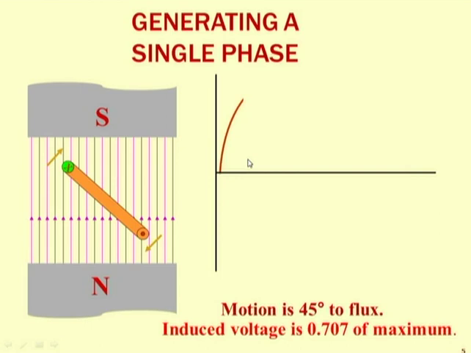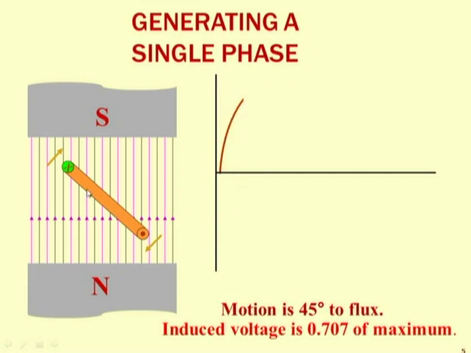Again, the conductor is in motion, it is continually rotating, and this is the voltage in the conductor at an instant when it makes an angle of 45 degrees with the line of flux. Now in between also there is induced EMF.